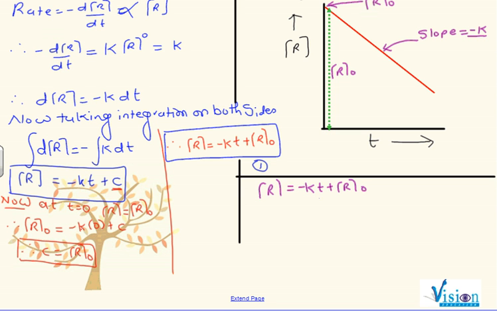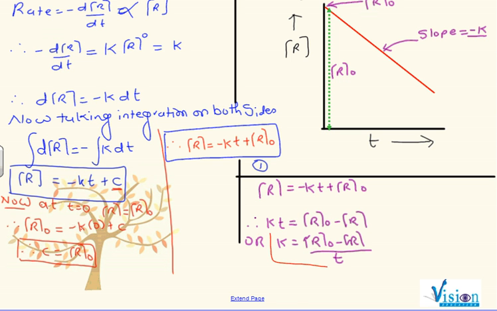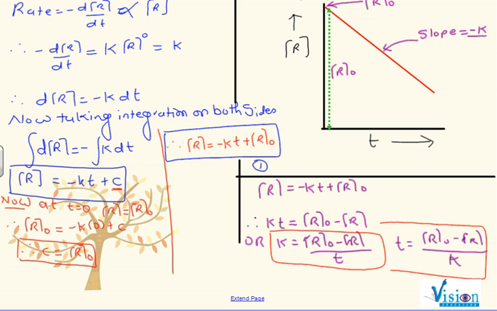If I bring minus kt to this side and R to the other side, then what we are going to get is, therefore, kt equals to R0 minus R, or k equals to R0 minus R upon t. ये जो वैल्यू है आपको, वो जीरो ऑर्डर रिएक्शन के लिए रेट कांस्टेंट कैसे फाइंड करना है वो आपको बताएगा. k इक्वल्स टू R0 माइनस R ओवर t. इसको दूसरे तरीके से भी लिख सकते हैं, दैट इज t इक्वल्स टू R0 माइनस R अपॉन k. एक से आपको दो इक्वेशन मिल गए.